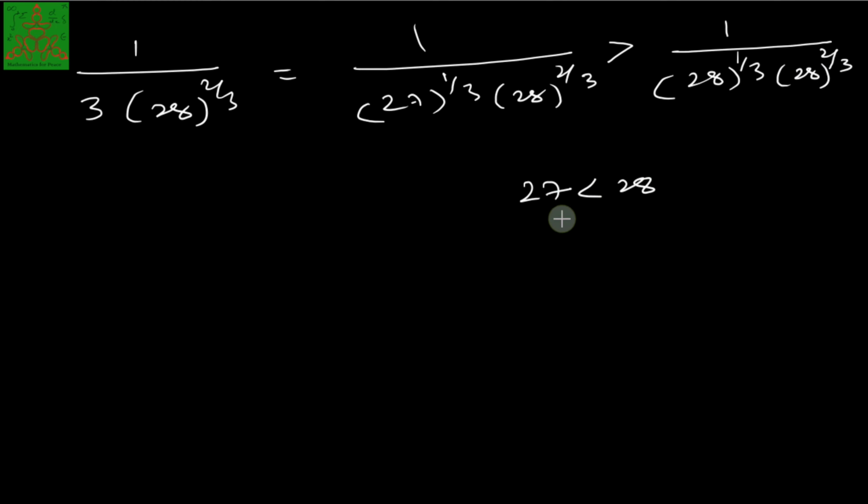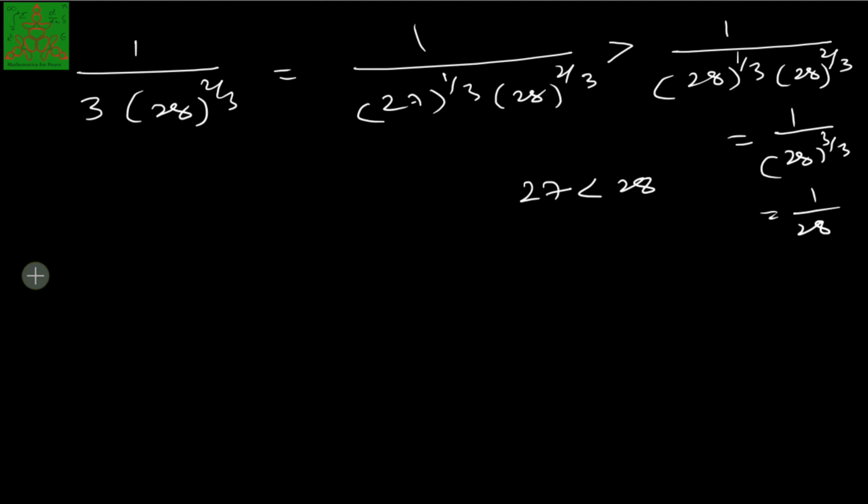So if I take the reciprocal and cube root, we'll have this, and this will be nothing but 1 upon 28 raised to 3 by 3, which gives me 1 upon 28. So this value is actually greater than 1 upon 28.